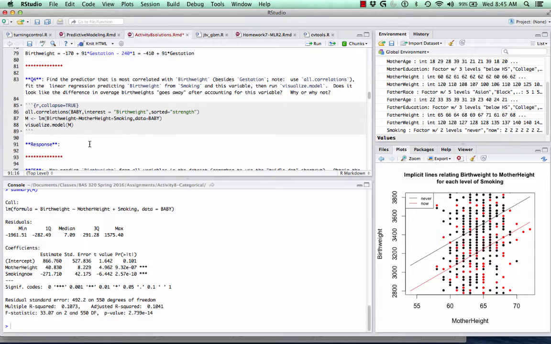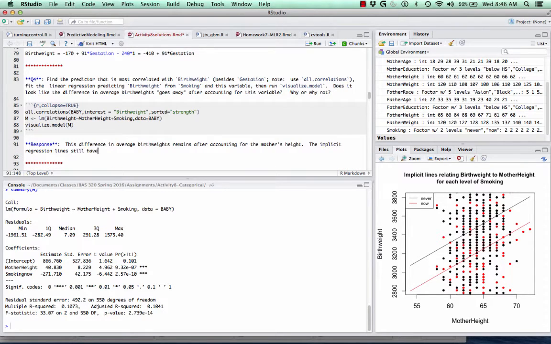Why or why not? So the difference in average birth weights remains after accounting for the mother's height. The implicit regression lines still have a very large and noticeable offset from each other.